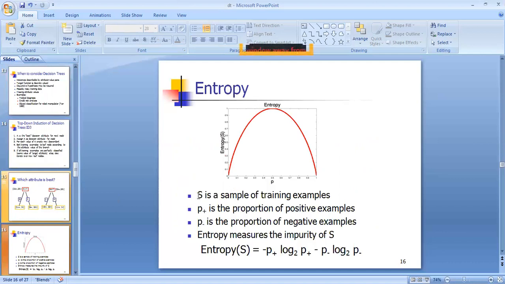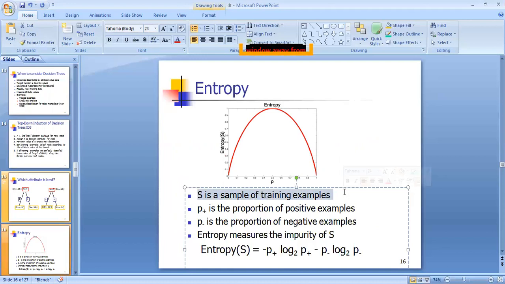So first you see what all is required. S is the sample of training examples. You have come across the words training and testing, right? So what is training? Training means the input X is there and the output is also there, so we call it training data. Testing data means the input is there and the output is to be tested.